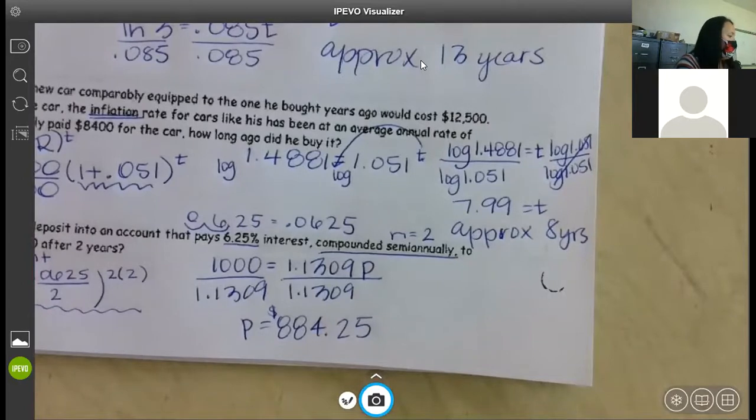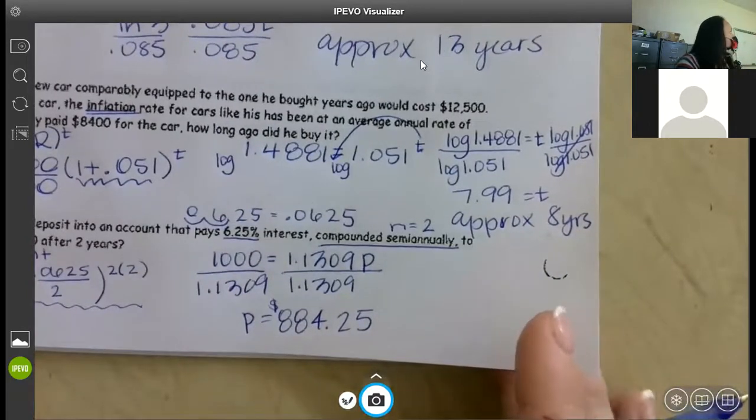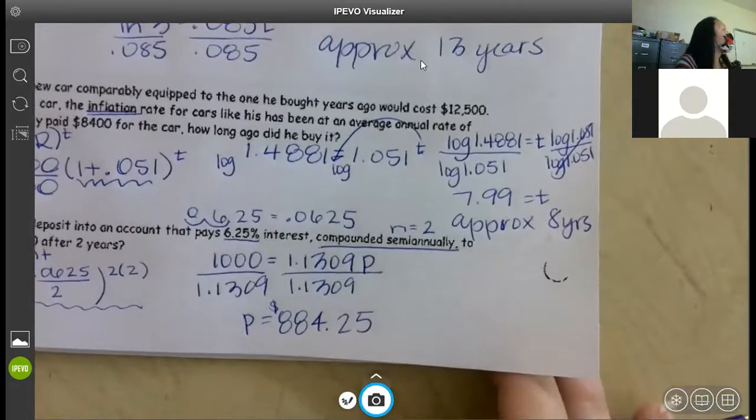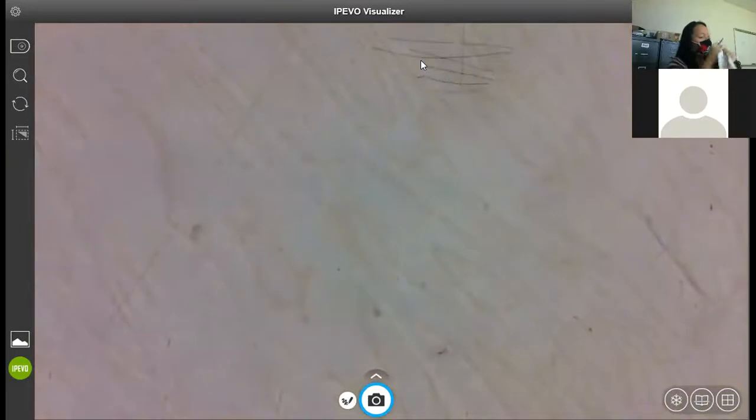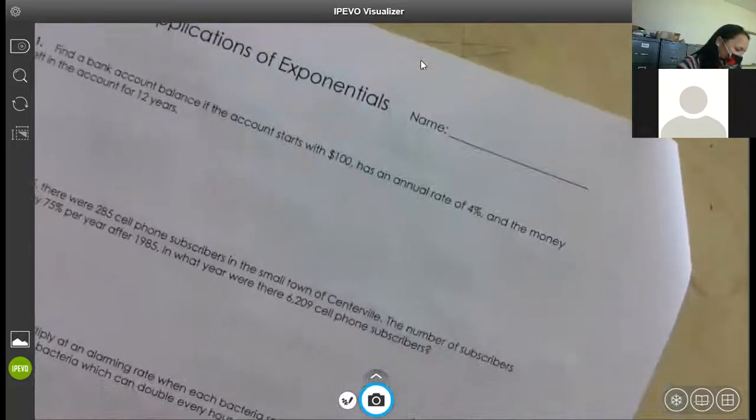And that's it. Okay, so that's your first page. I don't know if there's any on the second page or not. All right, everybody good? All right, so that's all the notes. Let me look and make sure. I don't know why there's not any half-life. So we're going to find some half-life and do those.